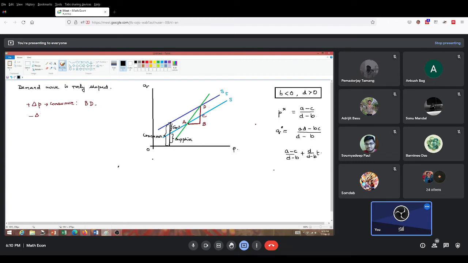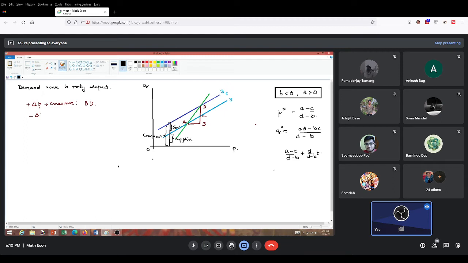So initially the consumer was paying a price of A. So this is the price that he was paying. Now he is paying a price given by this. So what is the price increase? It is from A to D, which means from B to D. What is the price that the supplier is getting? He is getting only BC.